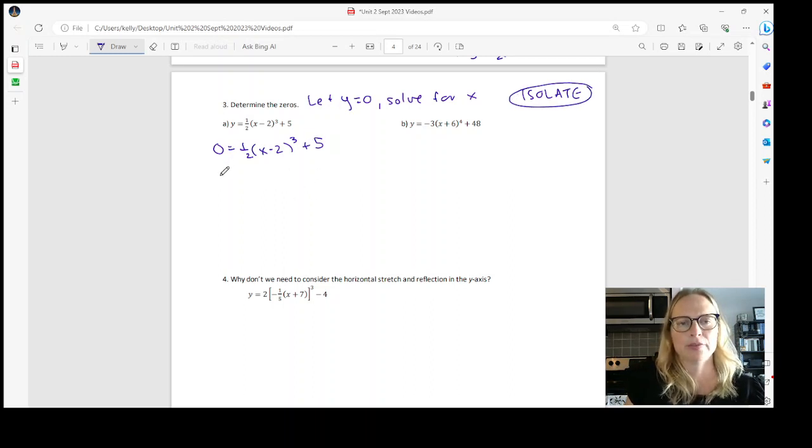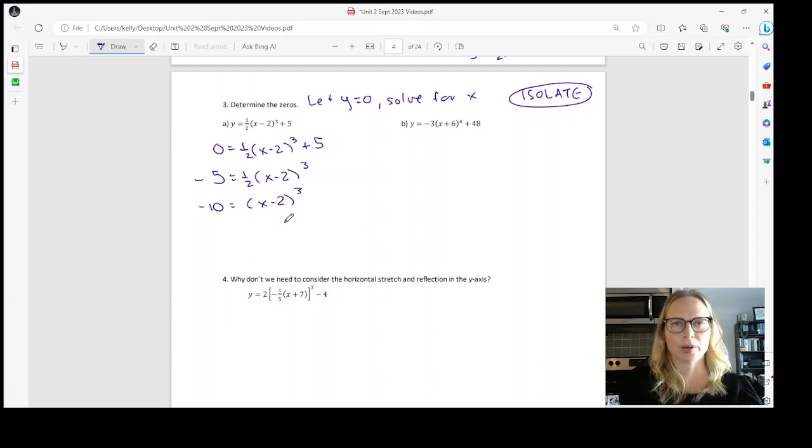We will start by moving the 5 over and making it negative. And then our right side's being multiplied by 1/2 or divided by 2. So we can multiply the right side by 2, so we get -10 is (x minus 2) all cubed.